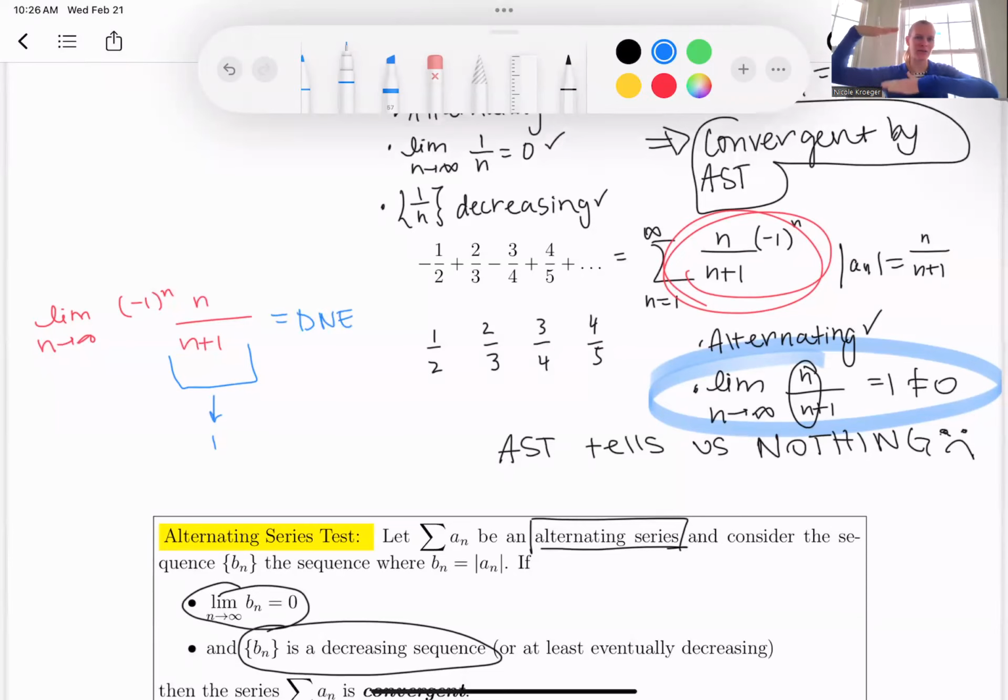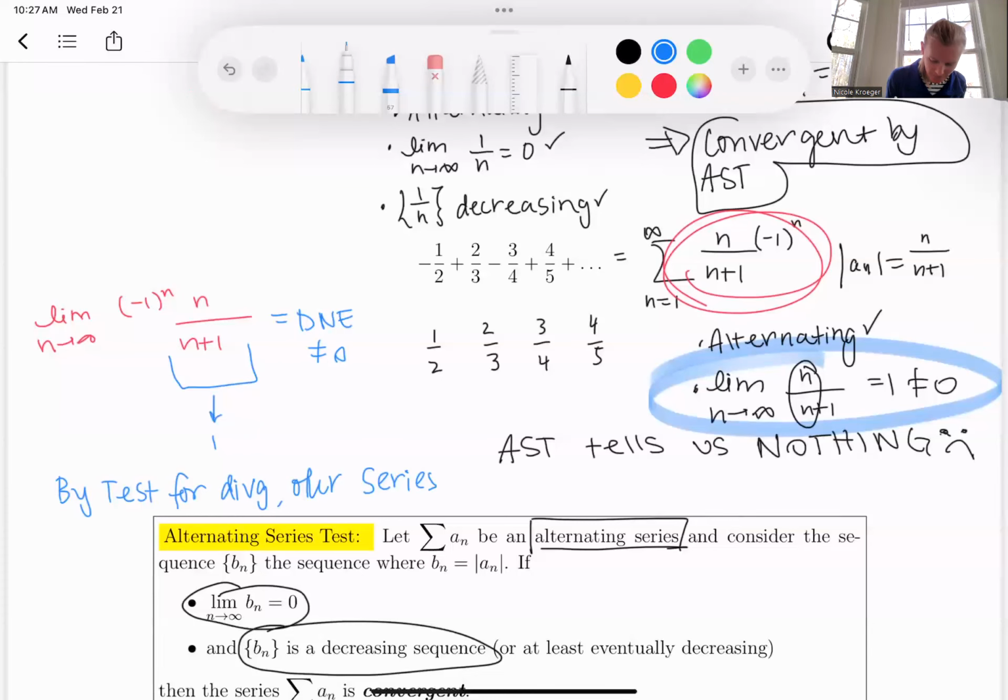Because if we have values going toward two different places, our limit does not exist. Okay, does not exist is not equal to 0. So by the test for divergence, our alternating series diverges.